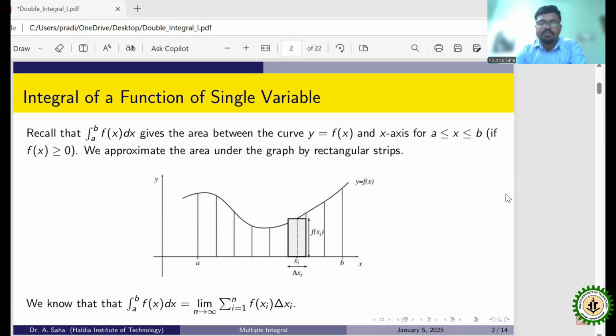We already know that integration a to b f(x) dx equals the limit as n tends to infinity of the summation i equals 1 to n f(xi) del xi, where xi is a point in the ith subinterval, where we divide the interval AB into n number of subintervals, provided this limit exists.